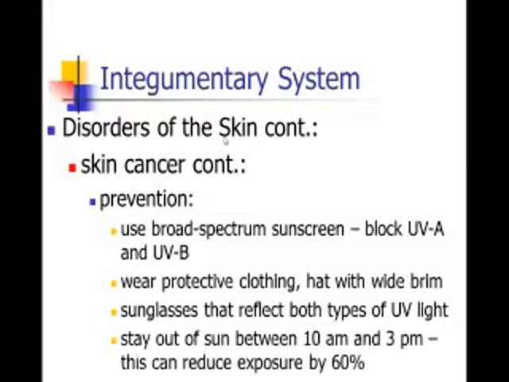And the times of the day that you're most likely to have damage from UV light is between 10 a.m. and 3 p.m. If you can go out earlier and later than this, you can reduce your exposure significantly.